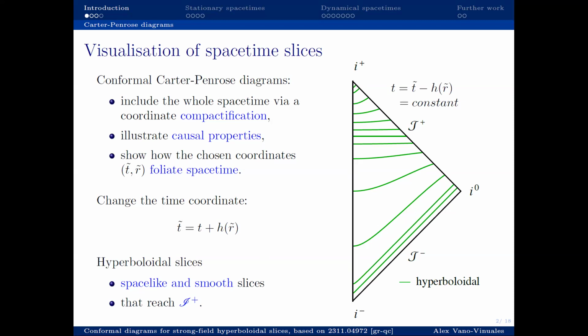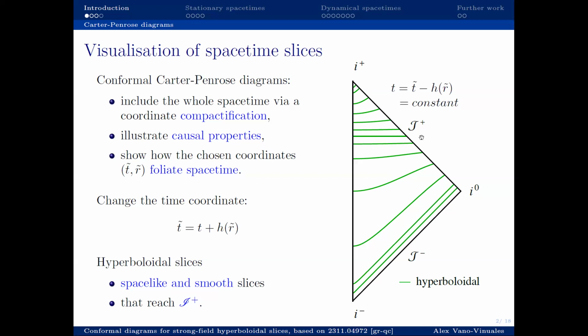Well, technically also partial infinity, depending on how you choose your height function. But we're interested in null infinity. And here the green lines in this Penrose diagram of Minkowski depict level sets of the new t, without tilde, which I'm going to be calling the hyperboloidal time, which gives the slices which all reach null infinity here.